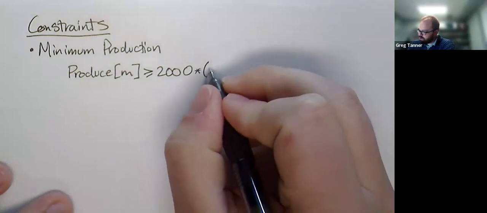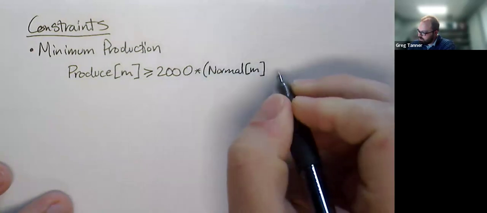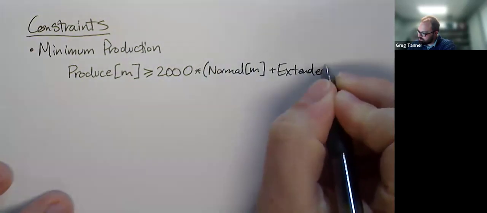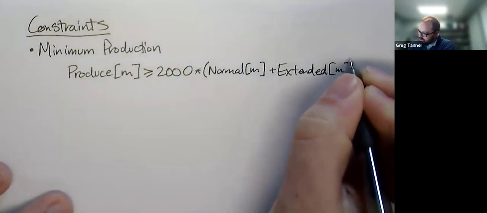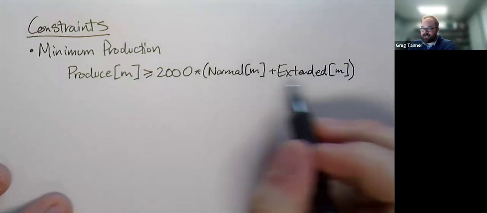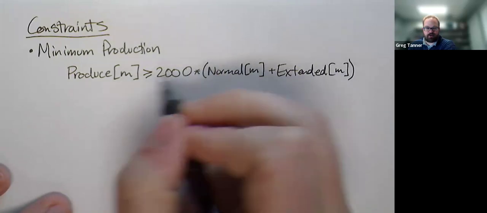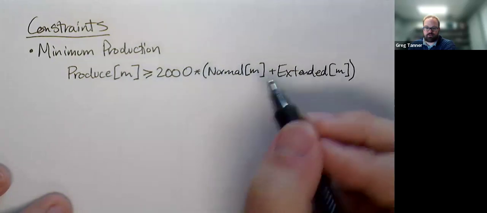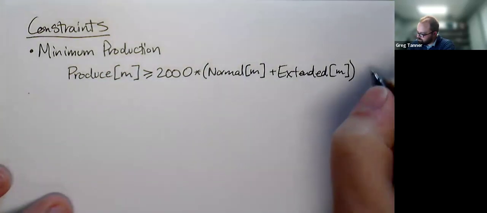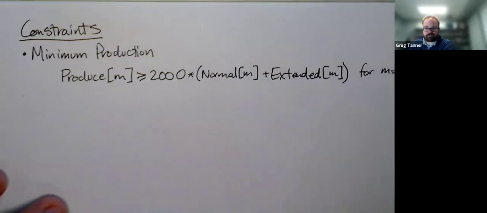And so if we do a shift, we're either going to do a normal shift or an extended shift. And I will say we'll need to add a constraint a little bit later that we can't do both. Okay, and so we're never going to have both of these being one, but this will push up the 2,000 to give us the minimum production if we have either a normal or an extended shift. And this would be for m equals 1 to 6.